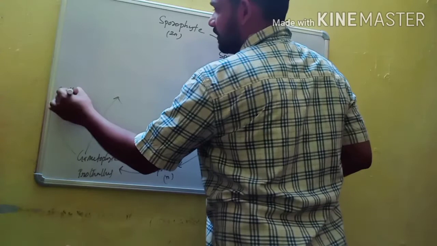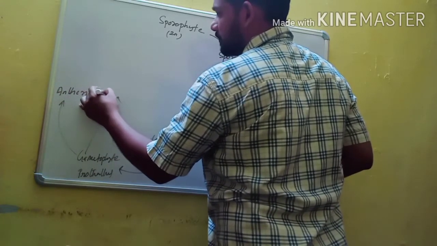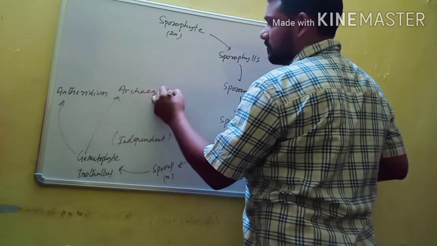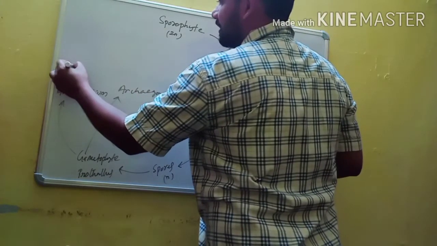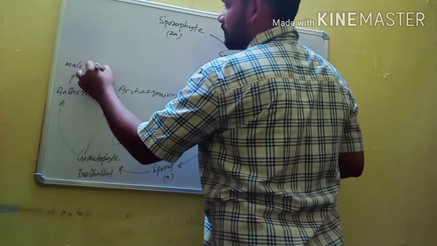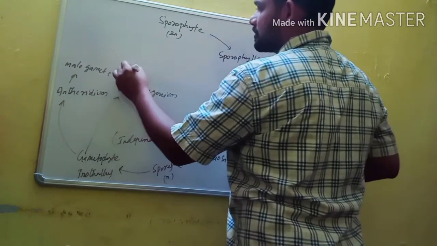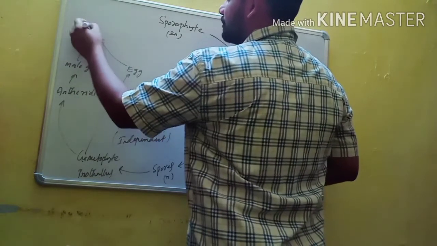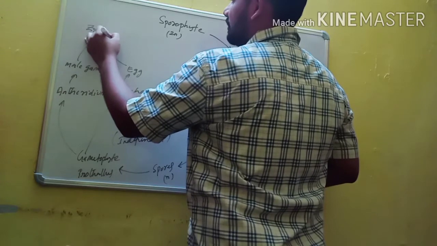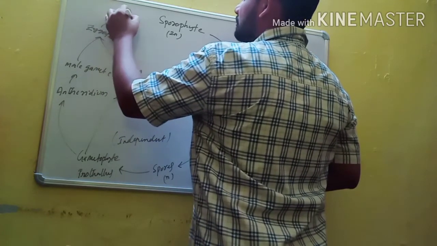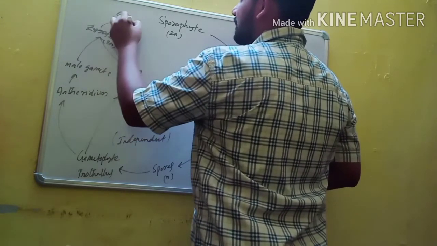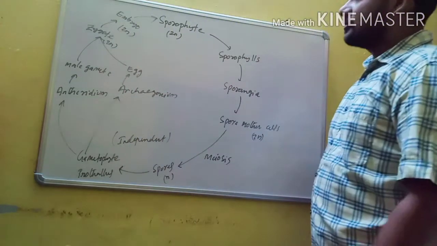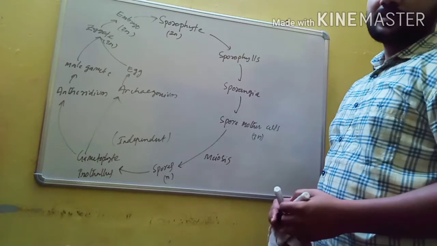The male sex organ is the antheridium, and the female sex organ is the archegonium. The antheridium produces the male gamete, the antherozoid, and the archegonium produces the egg cell, the female gamete. Then both are fused, and the result is the zygote. The zygote is again diploid and develops into an embryo, which is also diploid, and the embryo grows into the sporophyte. So this is the life cycle of pteridophytes.